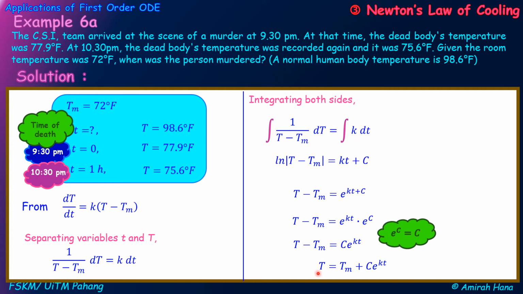After that, we can write temperature equals Tm plus C e to the power of kt.